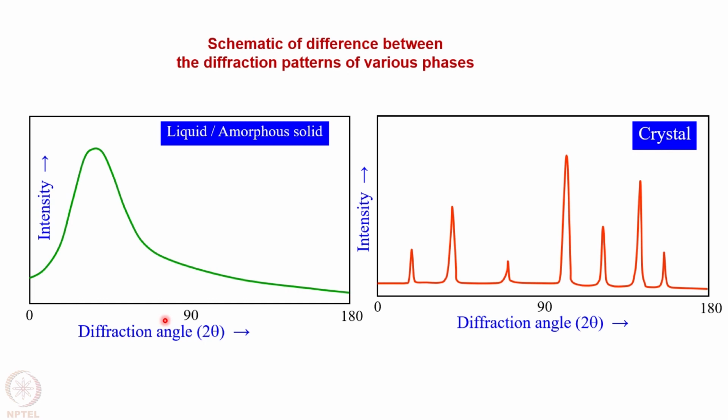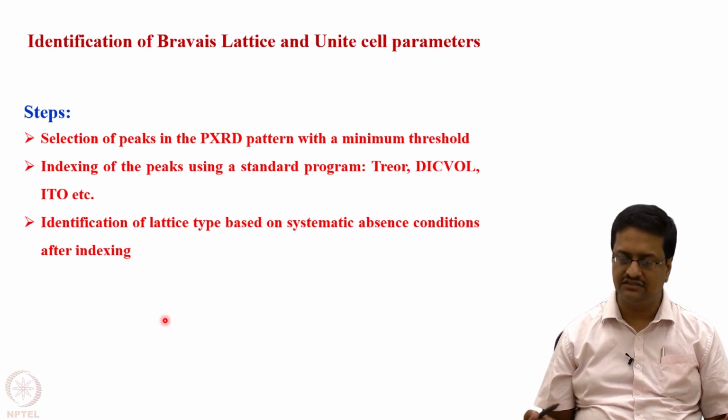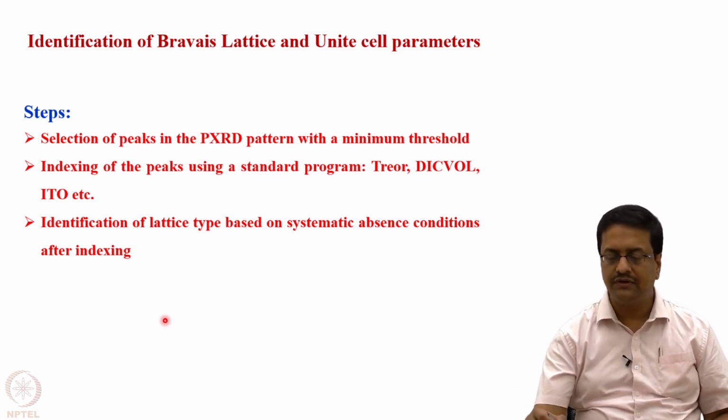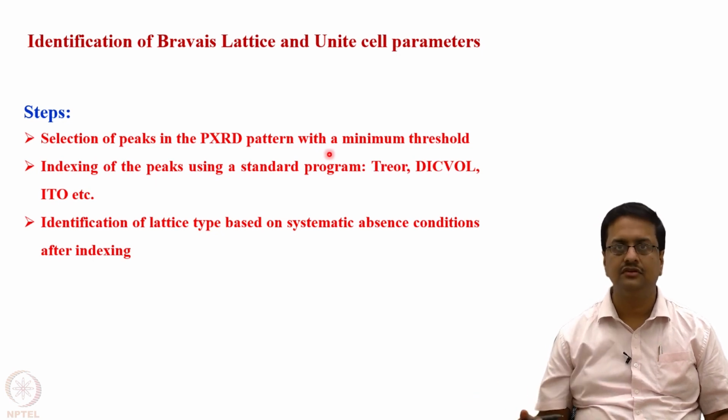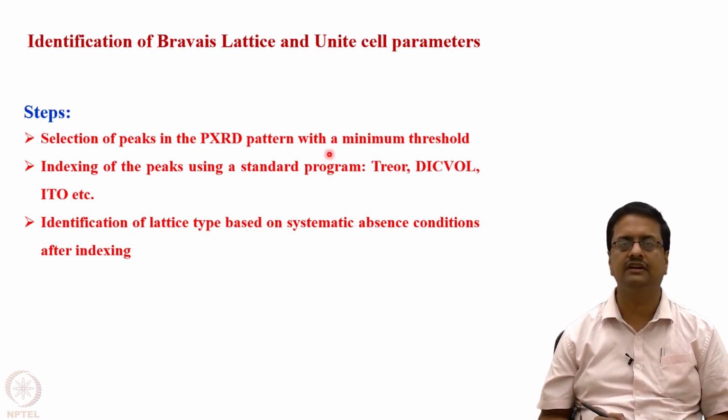So when we try to identify the Bravais lattice and unit cell parameters from a given powder X-ray diffraction data, we need to follow a few guidelines or steps. We first select the peaks in the PXRD pattern with minimum threshold. So we do not want to eliminate any very small peak that may be present in the powder X-ray diffraction pattern.